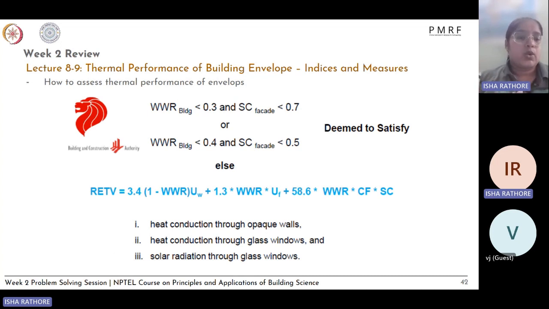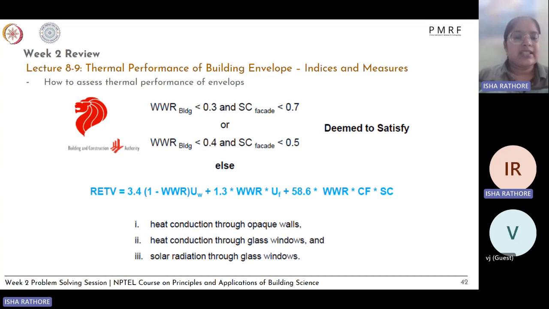So the Singapore Building Code mentions another indicator, which is RETV, which looks up at the window wall ratio and the U value of your windows as well as your facades and correction factors and other things. So this is also discussed in the video RETV, but this is based on the Singapore building standards.